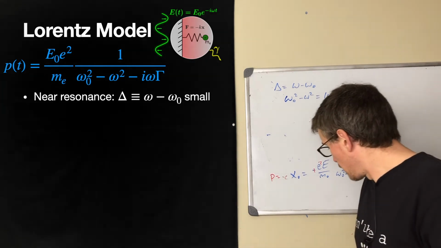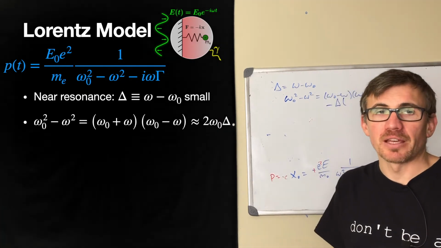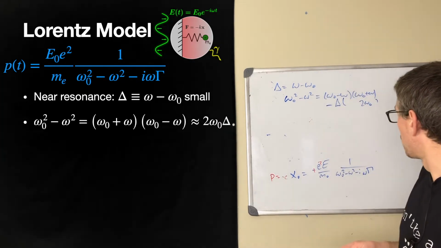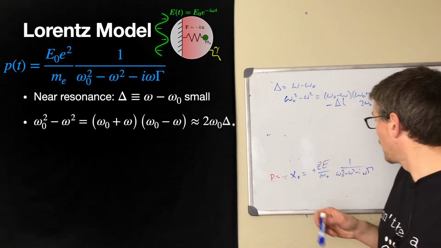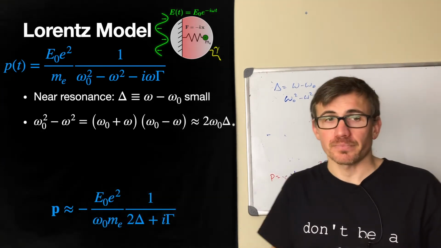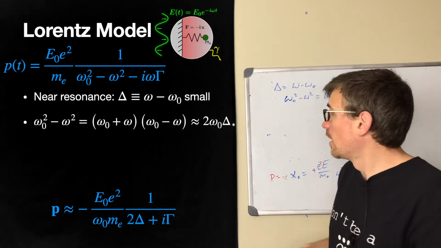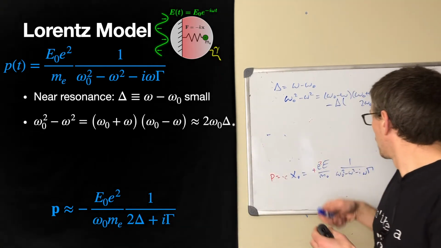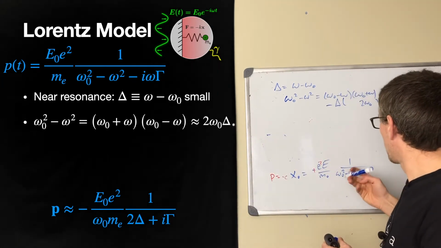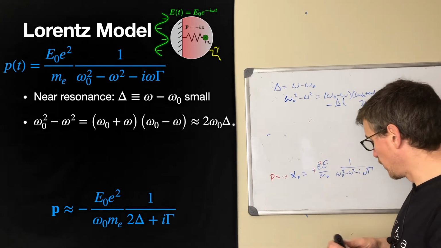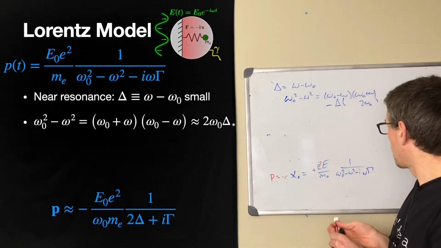So once we do that, we can make this approximation and then factor out a few things, and let's see what we get. Basically, we're pulling out an omega squared. Maybe I'll just do it on the whiteboard here.